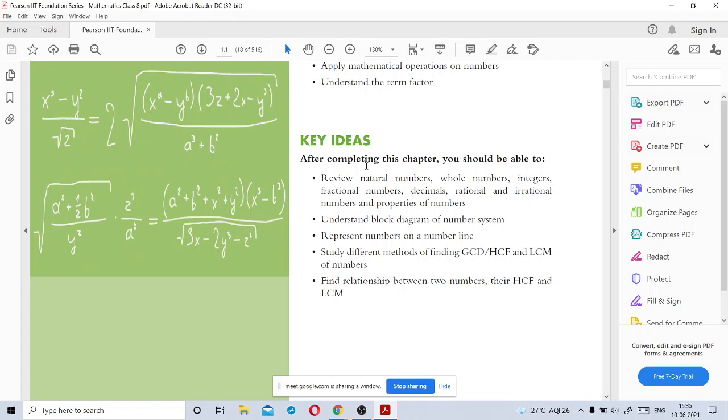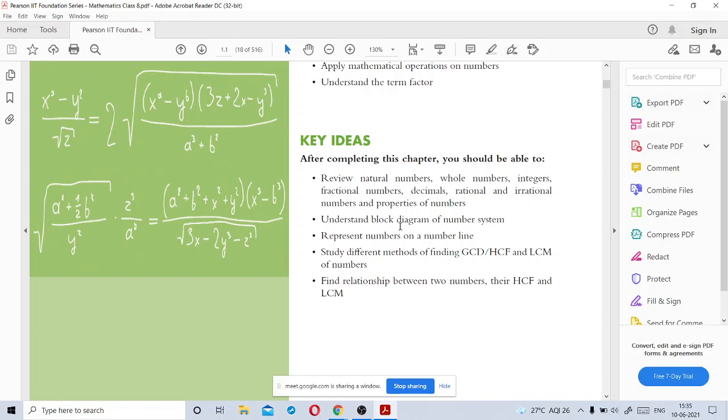After completing this chapter, review natural numbers, whole numbers, integers, fractional numbers, decimals, rational and irrational numbers, and properties of numbers.